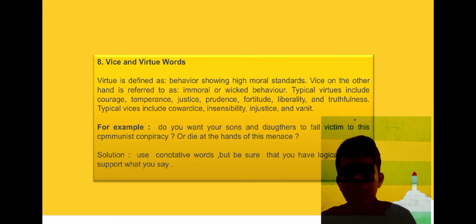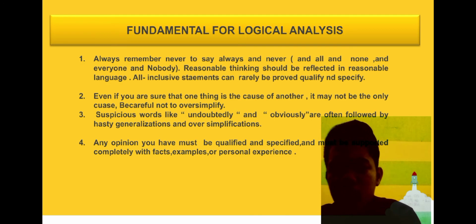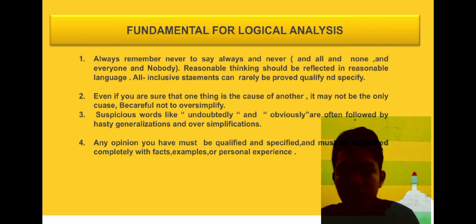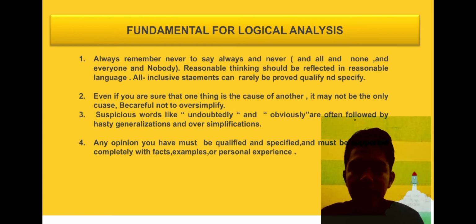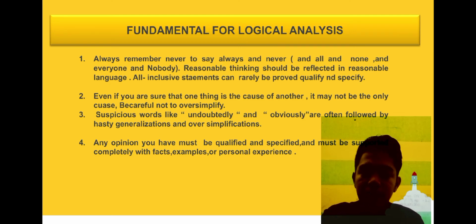Fundamentals for logical analysis. Number 1. Always remember never to say always and never and all and none and everyone and nobody. Reasonable thinking should be reflected in reasonable language. All-inclusive statements can rarely be proved, so qualify and specify. Number 2. Even if you are sure that one thing is a cause of another, it might not be the only cause.